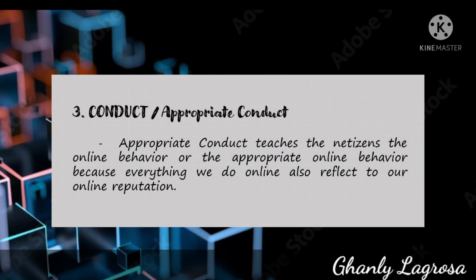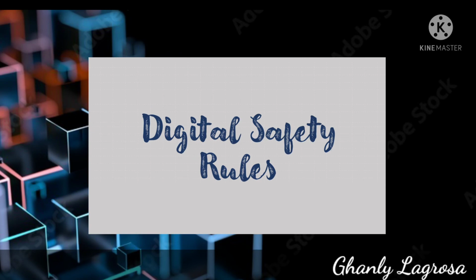Lastly, we have appropriate conduct. Appropriate conduct teaches the netizens the appropriate online behavior, because everything we do online also reflects on our online reputation. Within the context of digital citizenship, make yourself an effective and professional digital citizen, and knowing the digital safety rules is the basic thing you must do to become one.